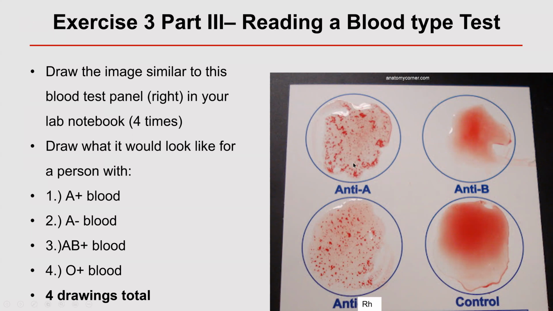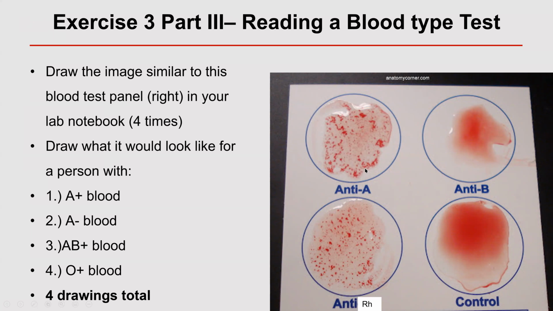But basically what's happening is it's going to be either clear, which means there is no clumping or no agglutination, or you're going to see clotting like you see in the anti-RH and the anti-A sections of this test. That means that this person's drop of blood, when it mixed with the anti-A antibodies, those antibodies descended upon the A sugar tags that were present in this person's blood.